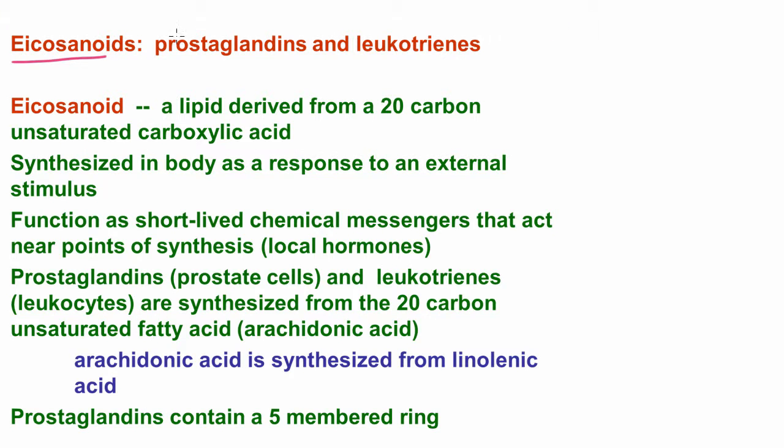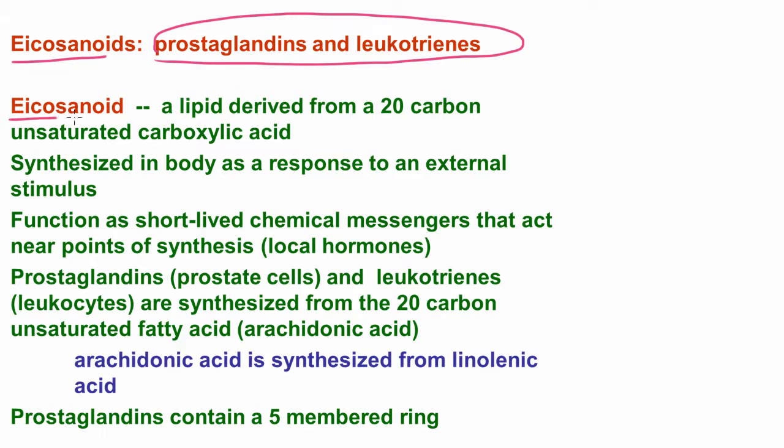The next class of lipids I want to talk about are the eicosanoids. These include leukotrienes and prostaglandins. An eicosanoid is a lipid derived from a 20-carbon unsaturated carboxylic acid, synthesized in the body as a response to some external stimuli.